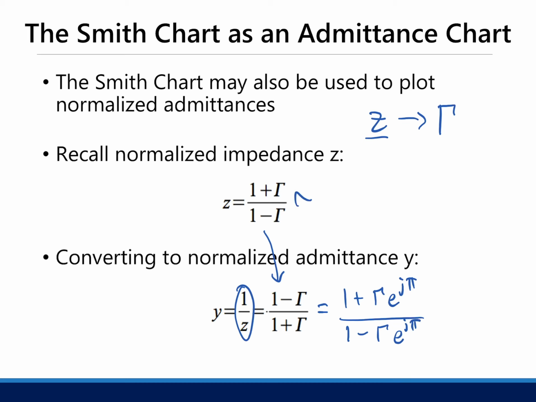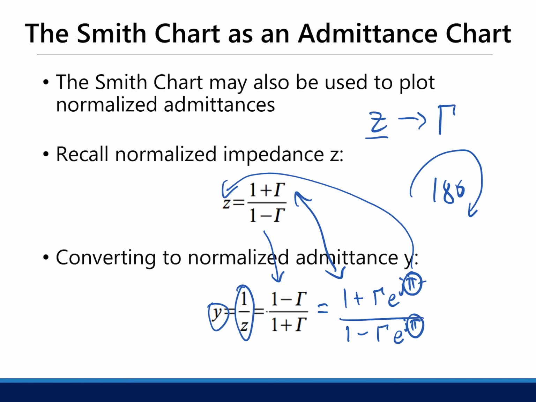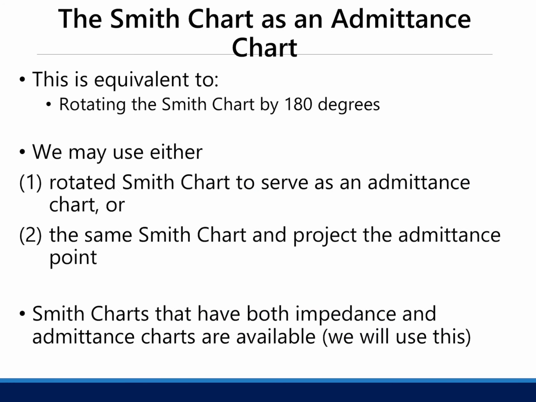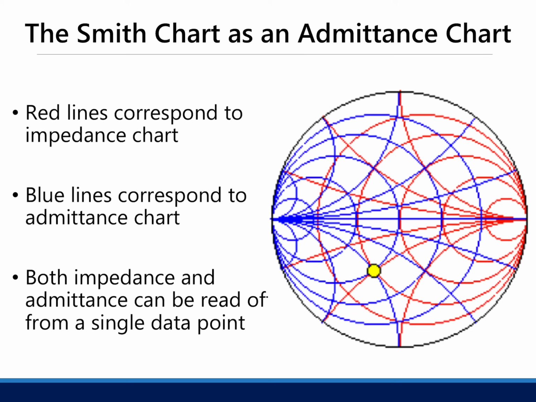If you look at this and this, it turns out that Y, the normalized admittance, is just a phase shift of pi from the normalized impedance. That means if you rotate the Smith chart by 180 degrees, you get an admittance chart. That's what I was telling you earlier on this slide.